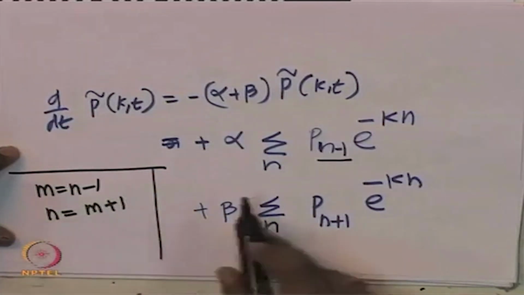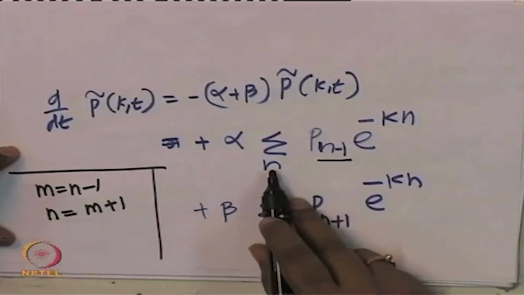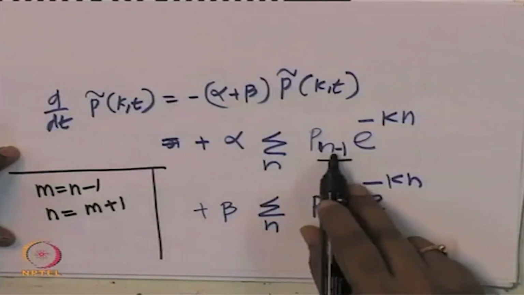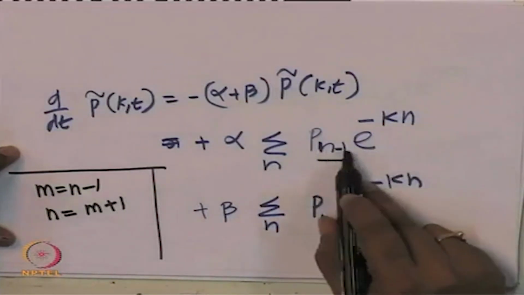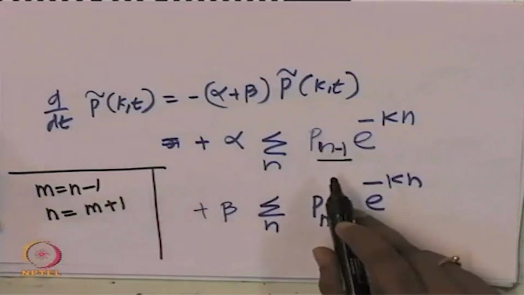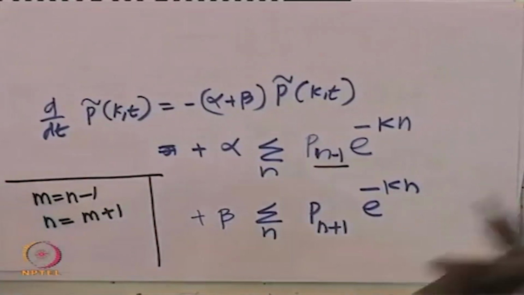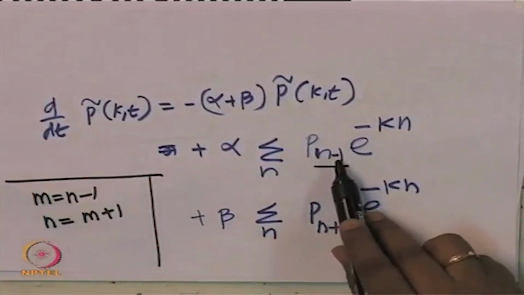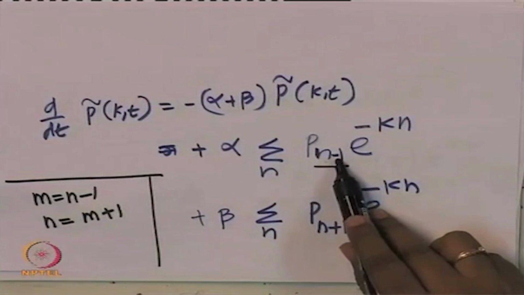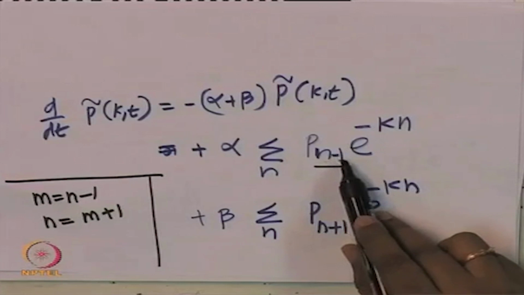So, wherever n, I can write m plus 1, wherever n minus 1, I can write m. n minus 1 is a number anyway, so I call this n minus 1 as m, and so what happens to this term?